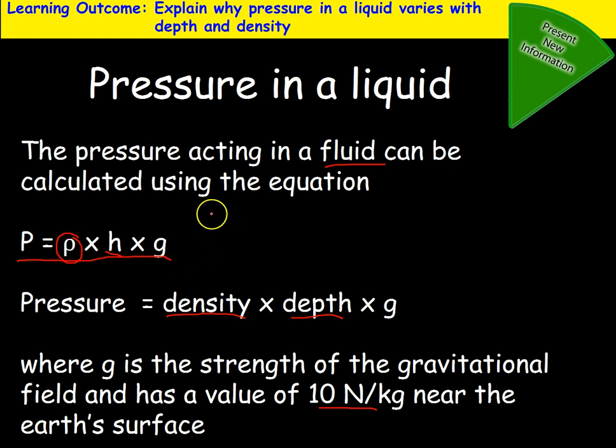For example, if I wanted to work out the pressure of some water, water has a density of 1,000 kilograms per meter cubed. I would then times that by 10, which is g. Remember, pressure is density times g, times the depth.